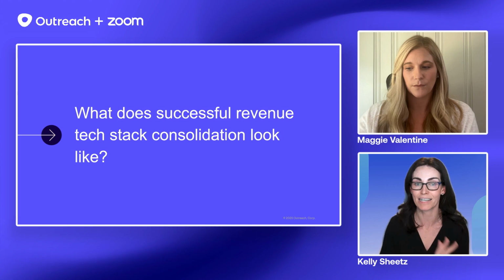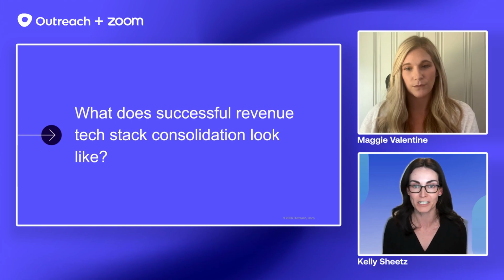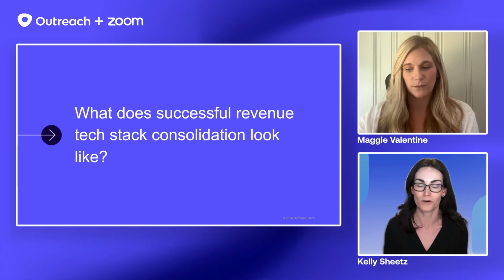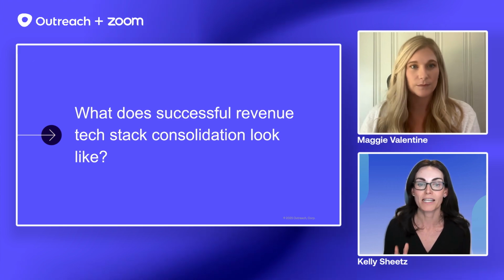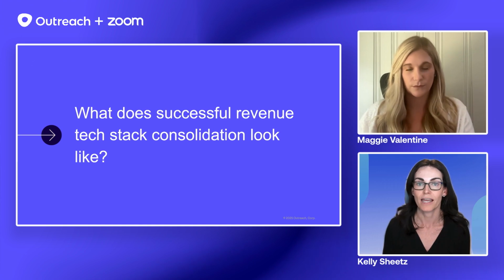That you can see in one view, but doesn't necessarily mean that you're cutting a tool out or jamming two tools together that don't work together and drive the outcomes across your revenue engine. So I would say it's really focused on that seamless, intelligent, and efficient approach when it comes to systems.